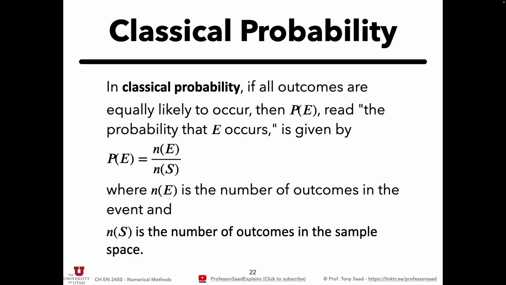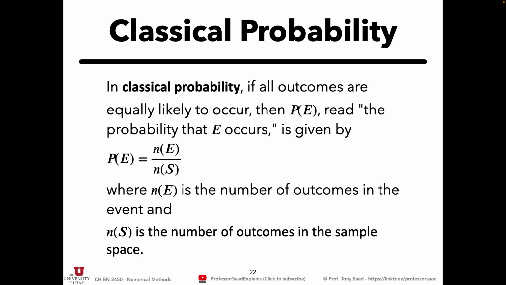Now, in classical probability, if all outcomes are equally likely to occur, in other words, we're taking idealized situations, we take a fair coin. The likelihood of getting a tail is equal to the likelihood of getting heads. Now, we can manipulate this if your coin is biased or your die is biased a little bit. We can adjust that. That's okay.